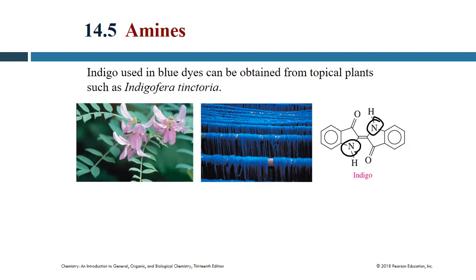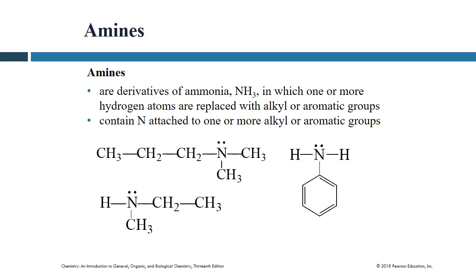So we still got the hydrocarbon, we still got the structure, but now we're introducing a nitrogen into the mix. The reason they are called amines is because they are derivatives of ammonia. Ammonia is NH3.